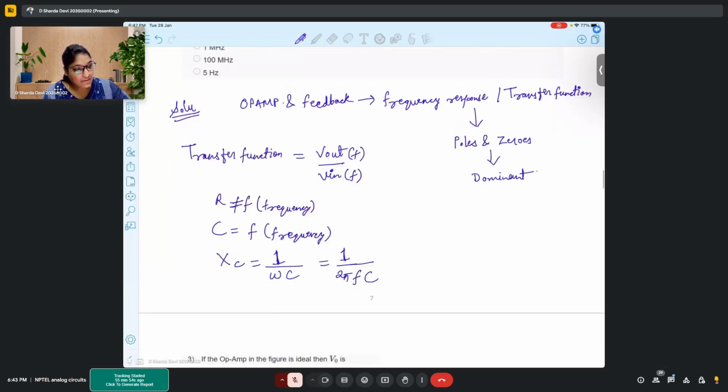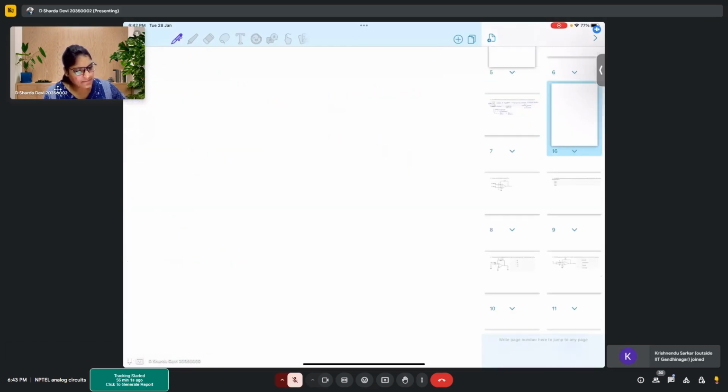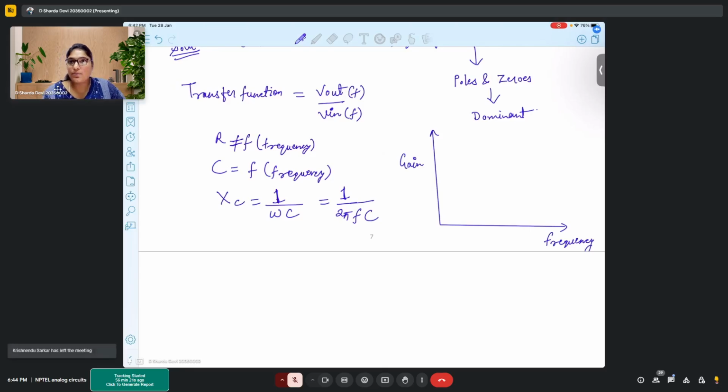So if I talk from a practical perspective, what frequency response means: it's a curve of gain versus frequency, where frequency is your independent parameter and gain is your dependent parameter. Okay. So this is frequency response.